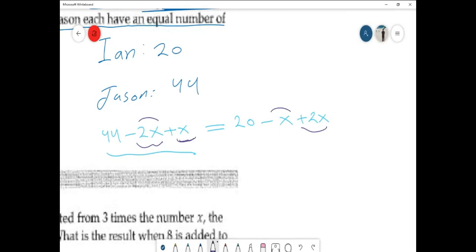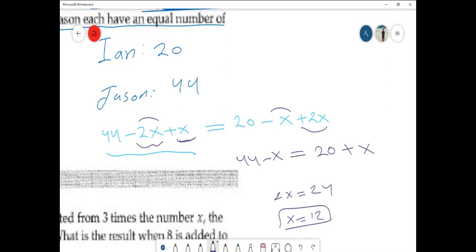So this is the number of cards they are giving after x many trades, and this is the number of cards that they are receiving after each trade. So if I add them up, it will be 44 minus 2x plus x, not minus x, equals 20 plus x.